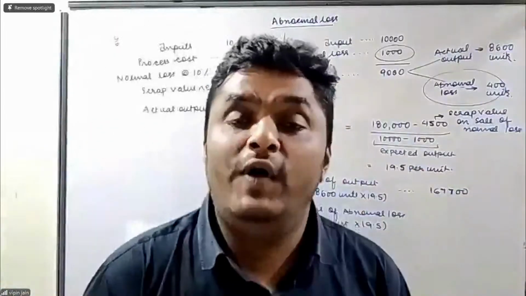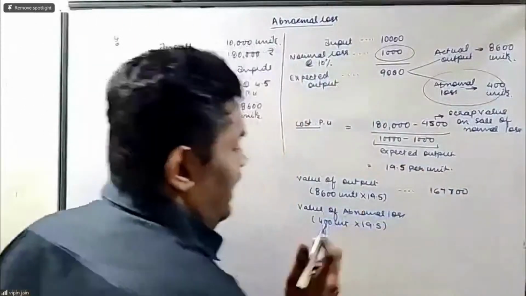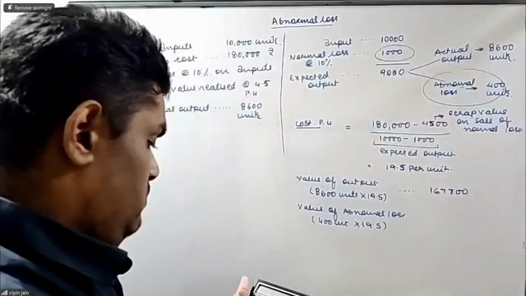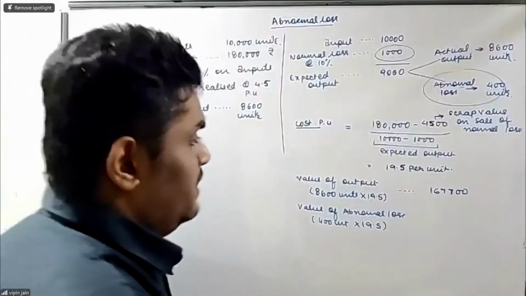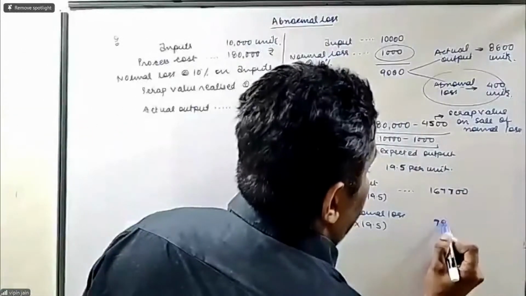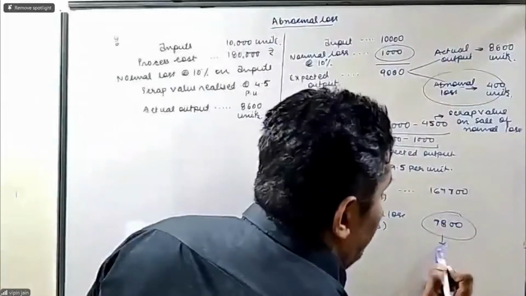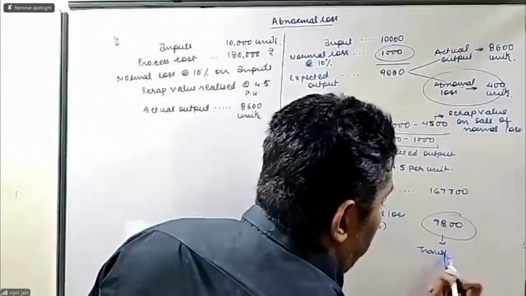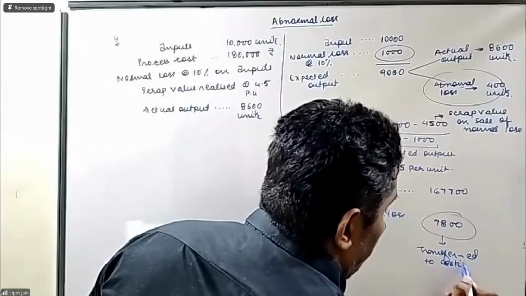This is the value of output transferred to the next process. And 7,800. This will be the value of abnormal loss, and it will be transferred to costing.